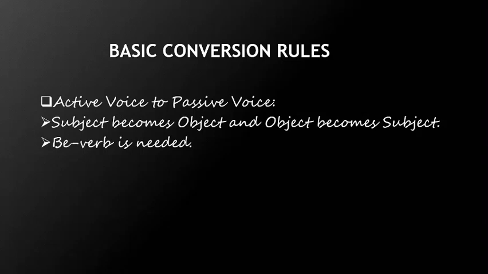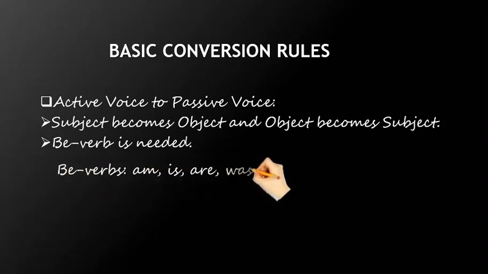Here the verb needed is used in a passive way because you see we are using this be verb is, right? We are using one be verb in this sentence, so the sentence itself is self-explanatory. We are using a be verb to make it passive. So what are the be verbs? I am sure that you know all the be verbs, but just to jog your memory, here is a short list of the be verbs.